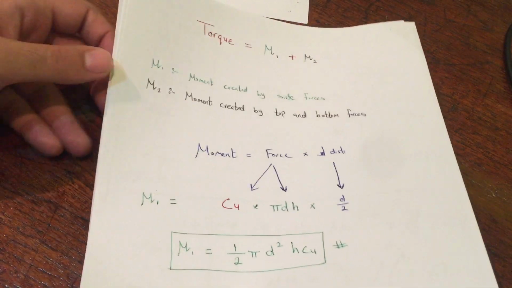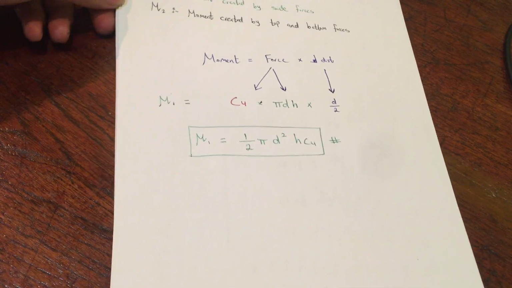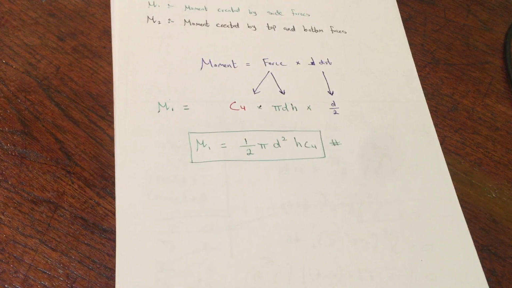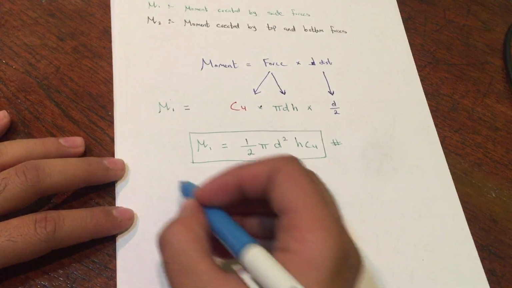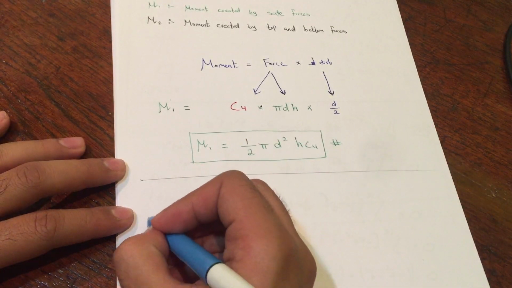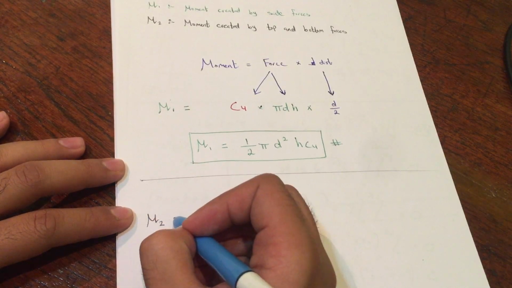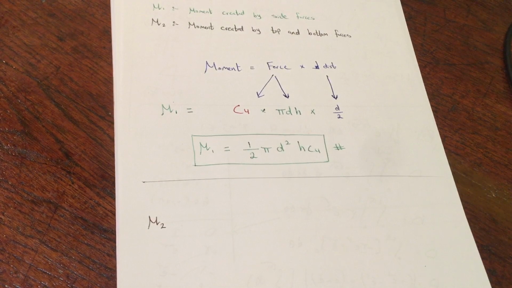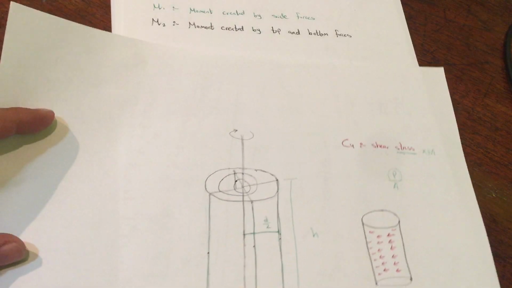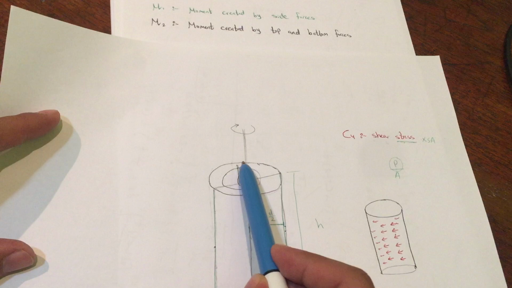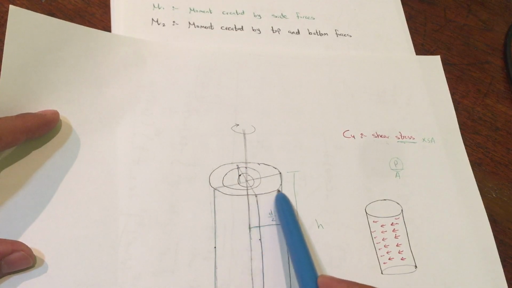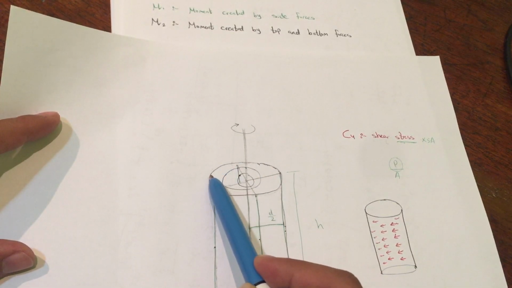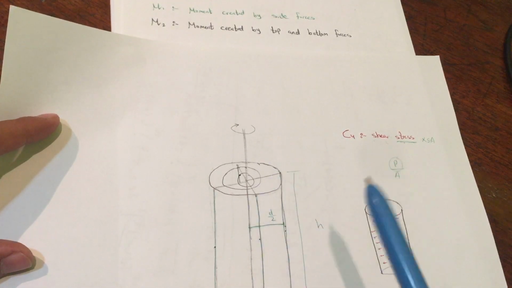So now when I work on moment 2, moment 2 is the moment created by the top and the bottom forces. So let's keep a line and now work on moment 2. Again, moment 2 has the same idea, but for moment 2, I can keep this force in different radius.